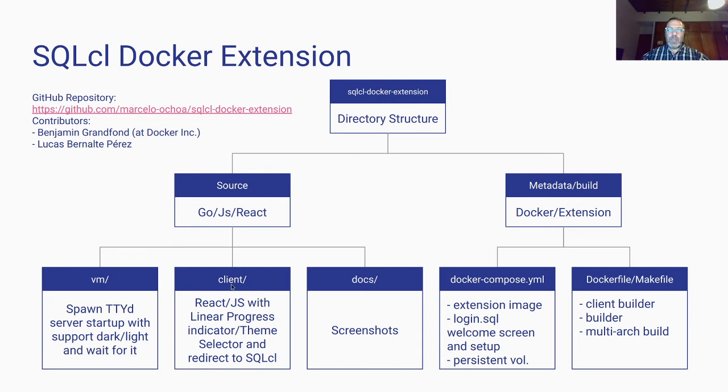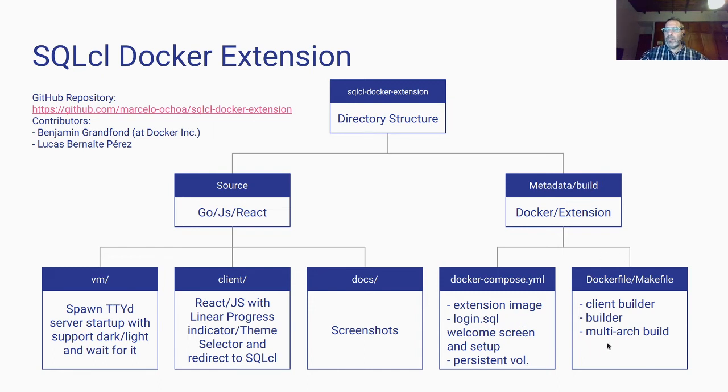The client-side rendering is similar, and the metadata file and extra files include a Docker Compose as the other extension, and a login SQL file, which is the welcome information of SQL.